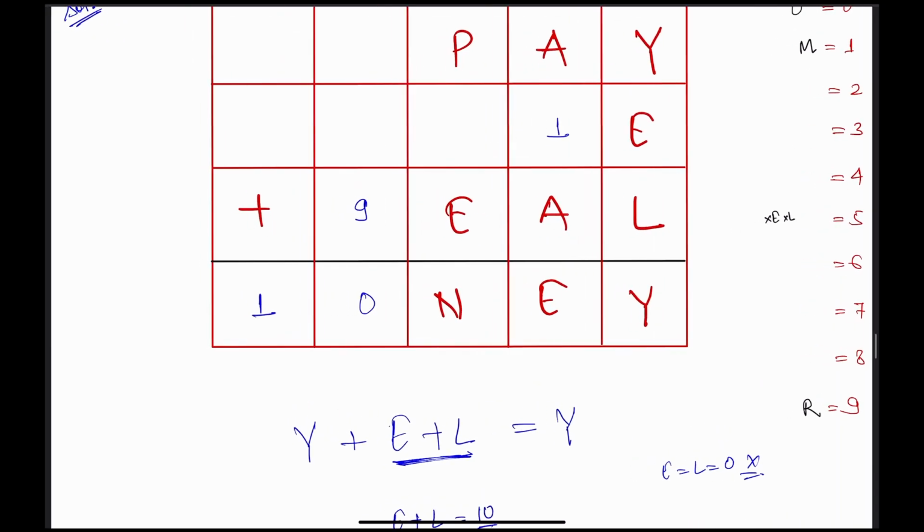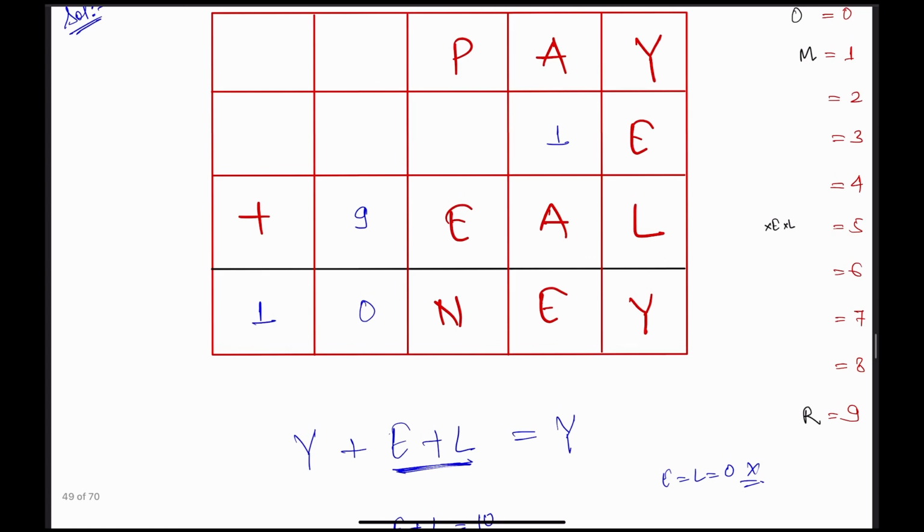Now what next thing I'm learning over here is E plus L is 10, so 1 will be coming as a carry over here.